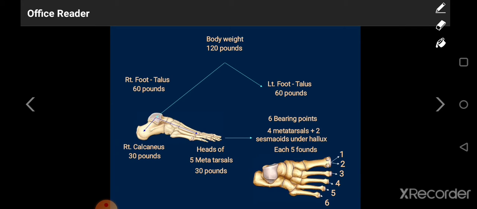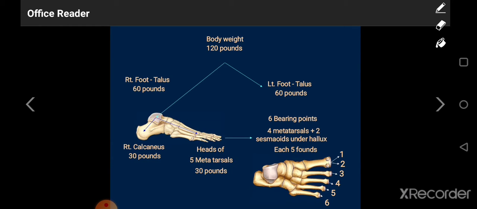So in this diagram we have taken an example: if the body weight is 120 pounds, it is divided equally into two feet, that is, on the right it is 60 pounds, on the left it is 60 pounds. In case of the right foot, this 60 pounds is divided into 30 pounds on the right calcaneum and 30 pounds on the heads of 5 metatarsals.